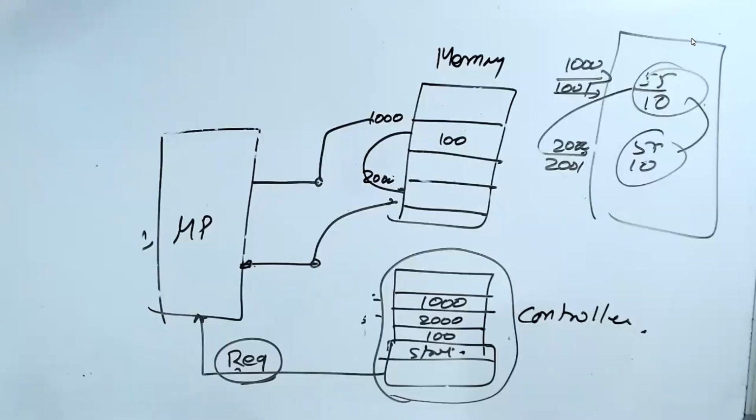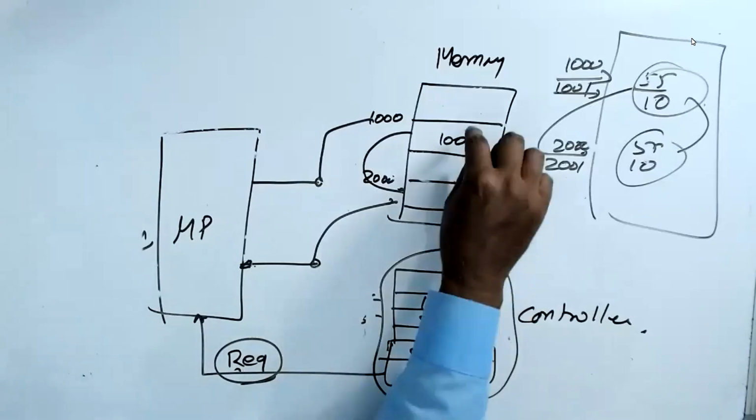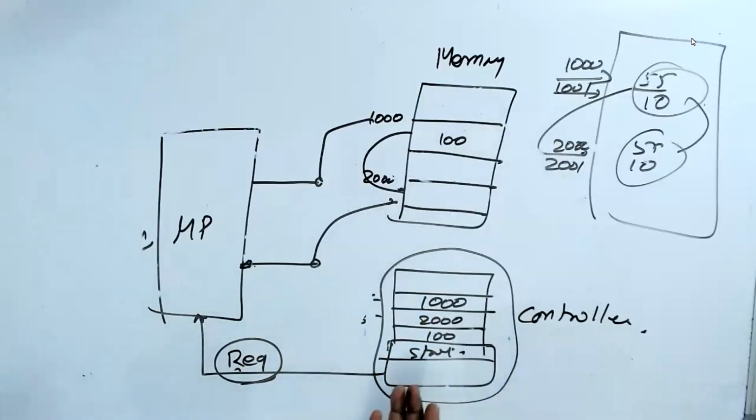Okay, so this was the trick. The trick here is we ask the controller to copy. You told him to copy from 1000 to 2000, 100 locations, but you didn't give him the notebook. You didn't give him the memory. So he has given a request.